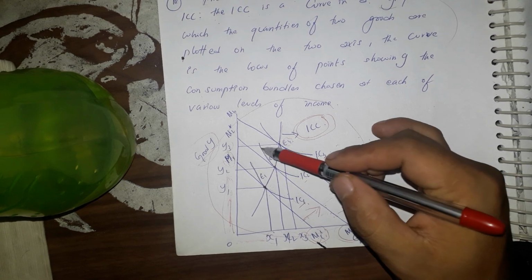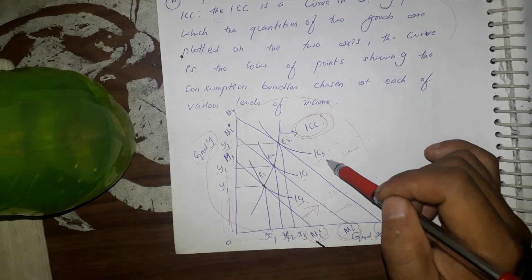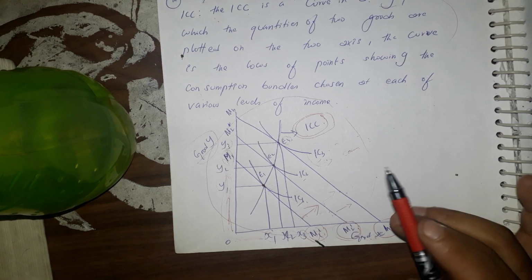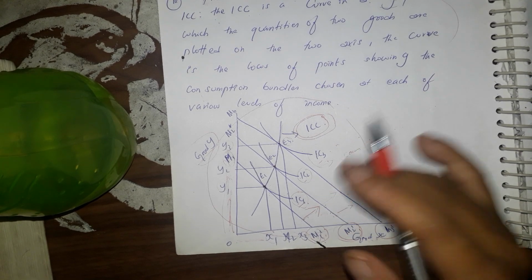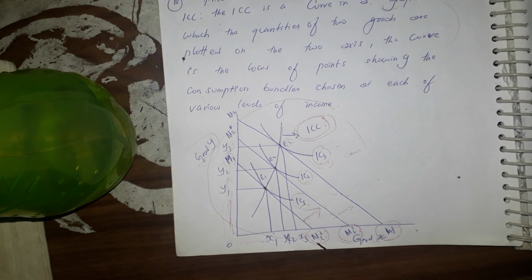And these are our three indifference curves, denoted by IC1, IC2 and IC3, which show different levels of satisfaction.